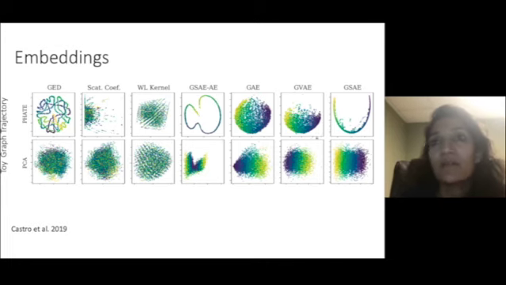Graph neural networks and graph VAEs give you a very noisy signal of this sort, and other embeddings like just the WL kernel, graph edit distances, or graph scattering coefficients with PCA are not giving you informative embeddings at all.